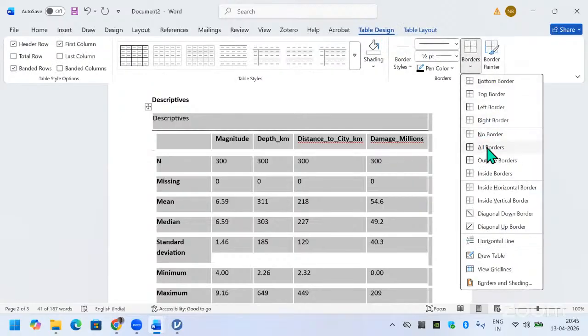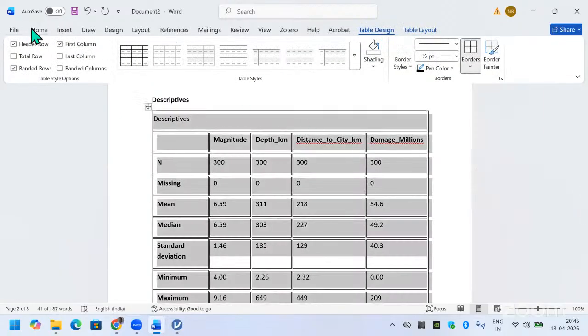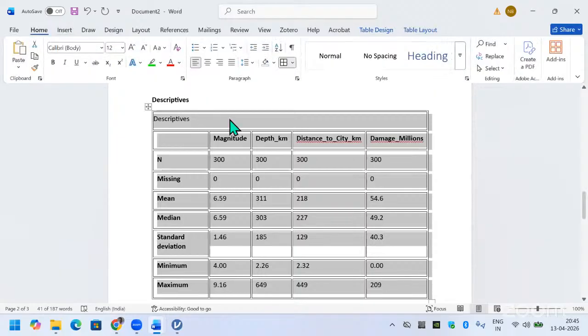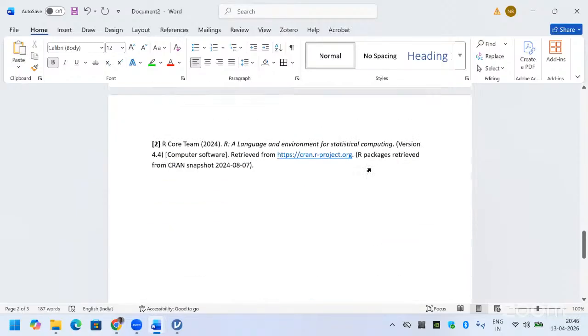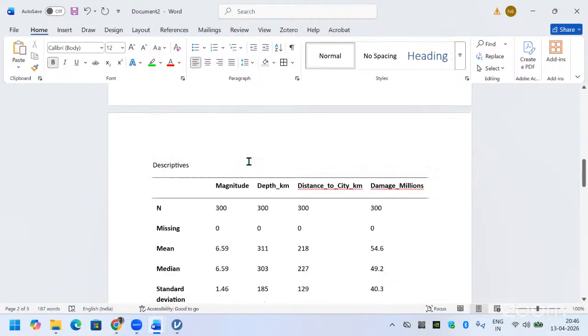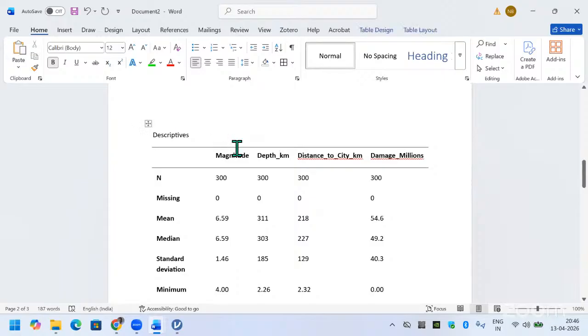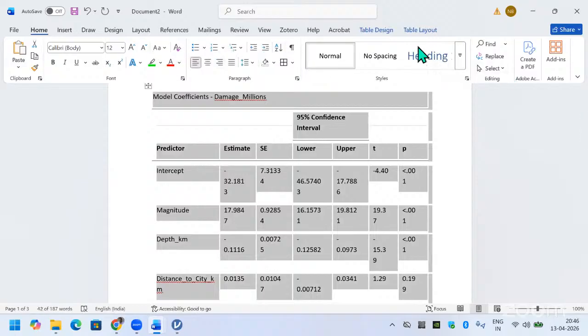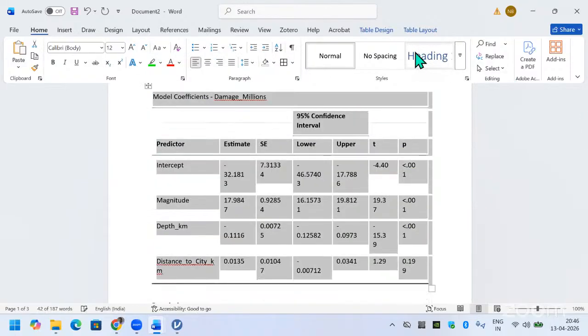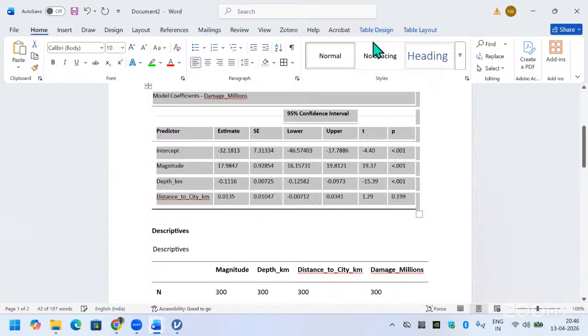Okay, borders, all borders, and Control 1, remove the space. Now here you can see the descriptors. This is my p-value, located here. Now, what are the variables which are impacting here?